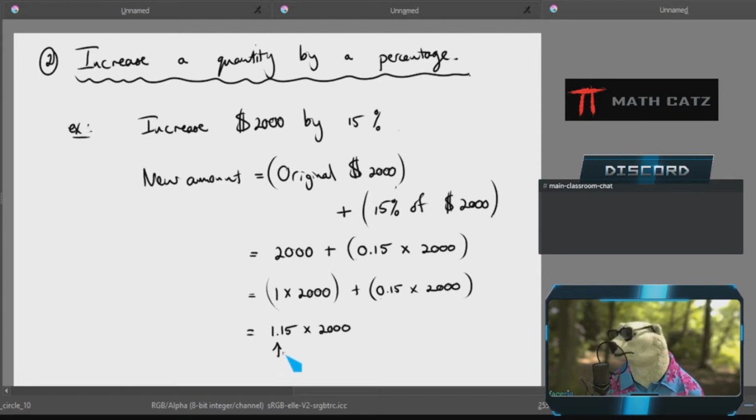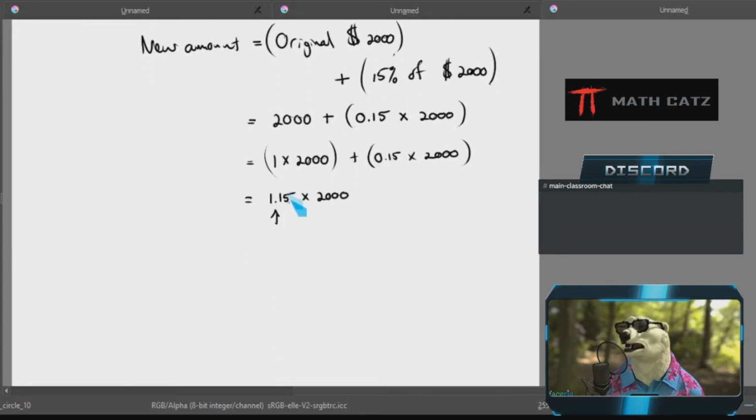The factor that is applied to the 2,000 stated originally is 1 plus 0.15. The 1 is referring to my original amount that I keep. I don't lose the original 2,000. The 0.15 is the decimal version of the percentage in question.